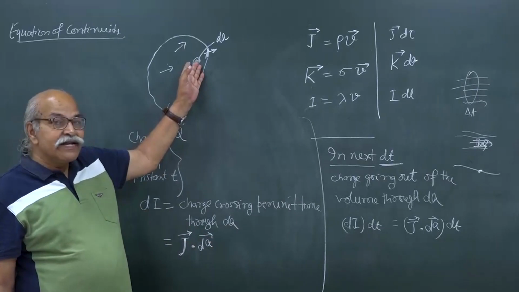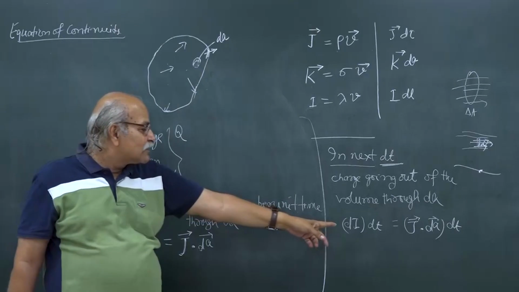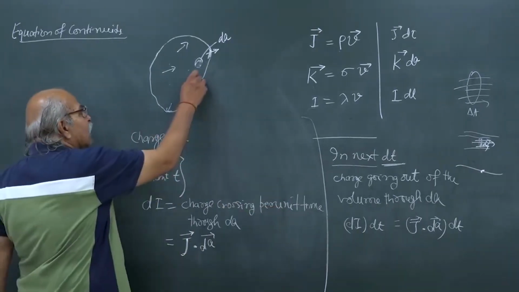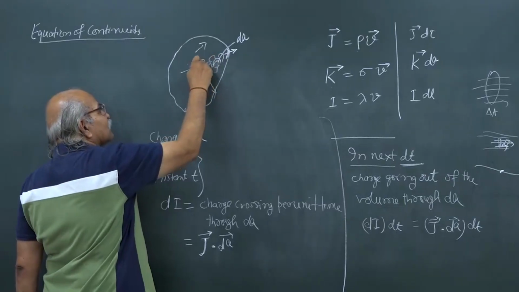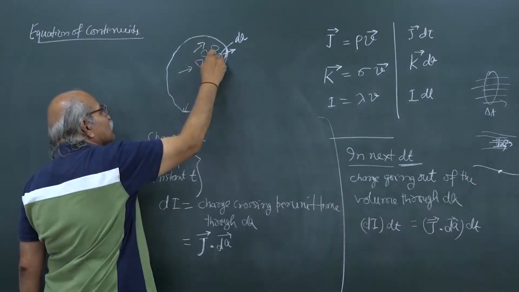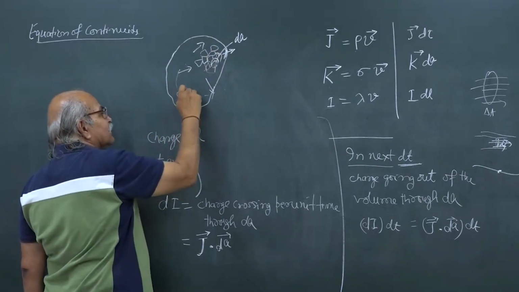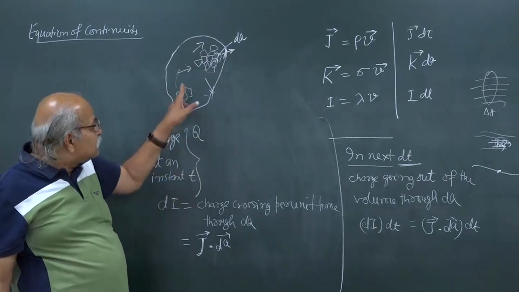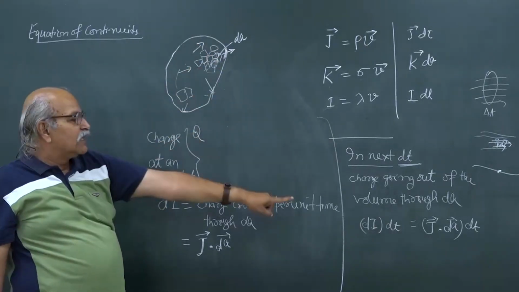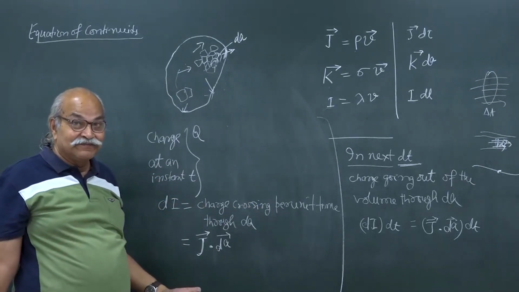Then integrate over the entire surface. That means now we are adding this quantity; the whole surface is divided into such small dA. This whole surface is divided in such a fashion. From each dA we are calculating and then adding. What does this give?